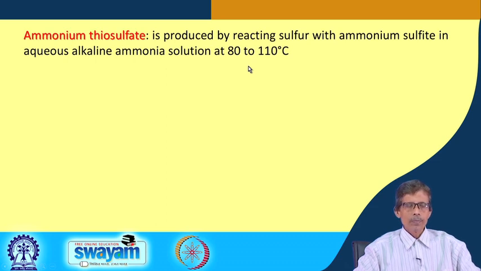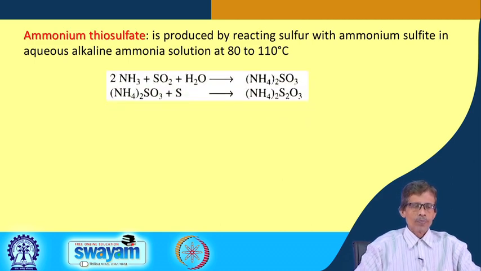So, this is the typical reaction protocol where you are able to make ammonium thiosulfate, but now instead of sodium hydroxide you simply use ammonia. So, ammonia or ammonium hydroxide will take care of the reaction producing your ammonium thiosulfate.